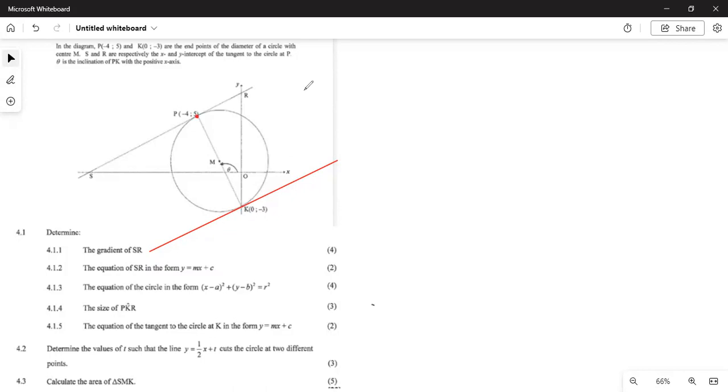But if we had a line that had the same gradient, we see as we move it up and down that it will pass our circle at 2 points. And only when it passes at K or at P does it pass at only 1 point of the circle.